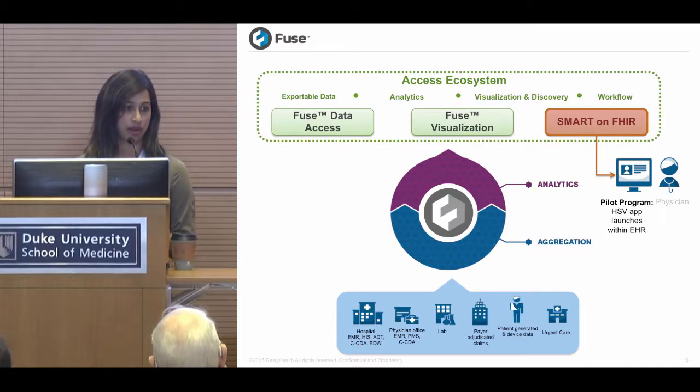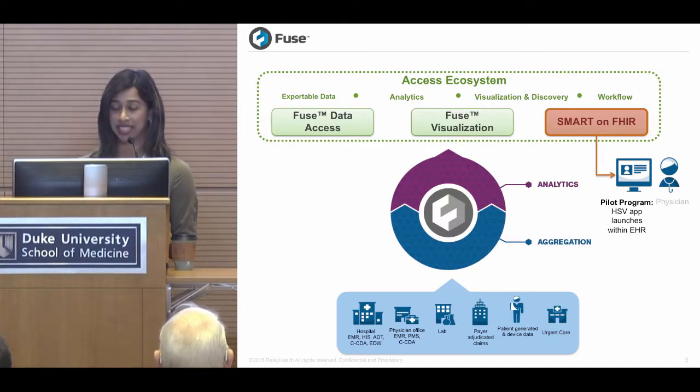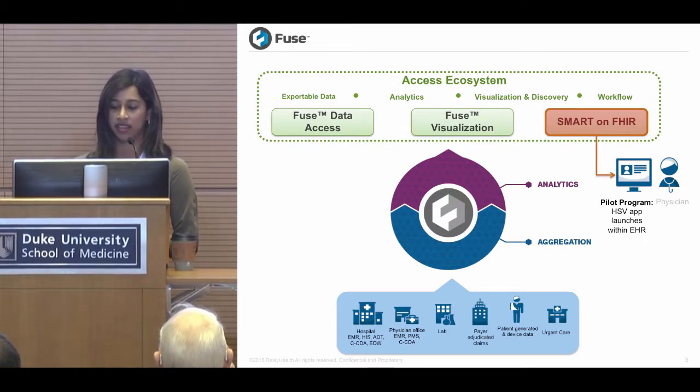So we have 3 modes of access to data today. We support Fuse data access from a database to database transfer. We have a visualization support, which is a BI tool to have a view into the analytics and population view of the data.